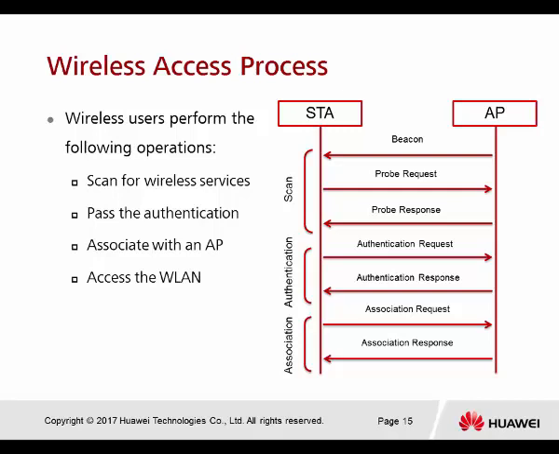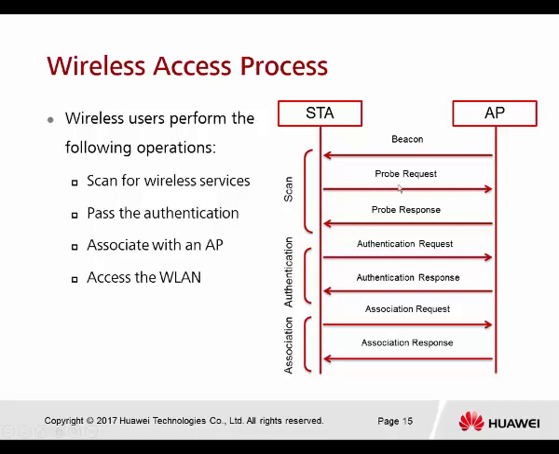This is the standard process all SDAs have to go through. The first process can use either the beacon or the probe request and response. The beacon frame is sent by the AP. The probe request is sent by our SDA. This is just for scanning.